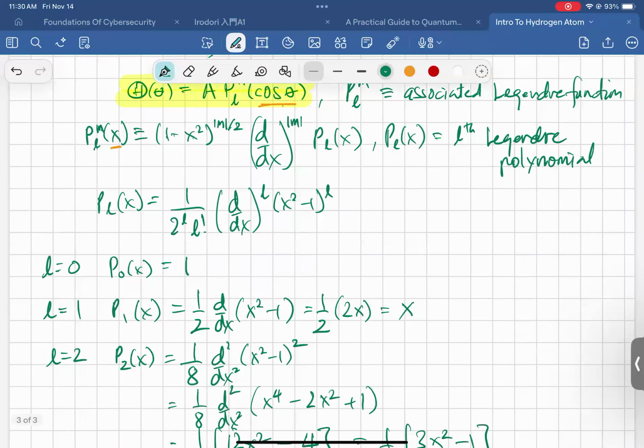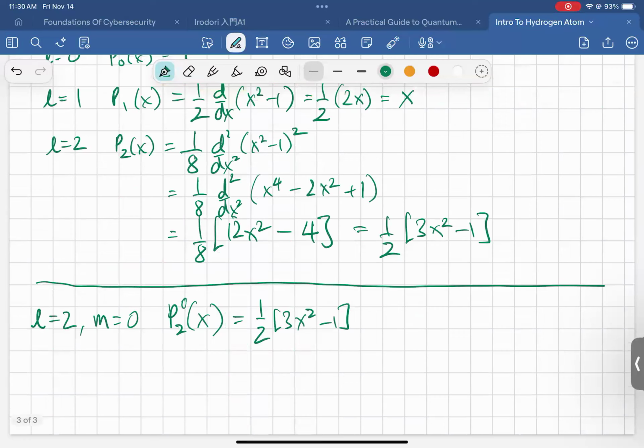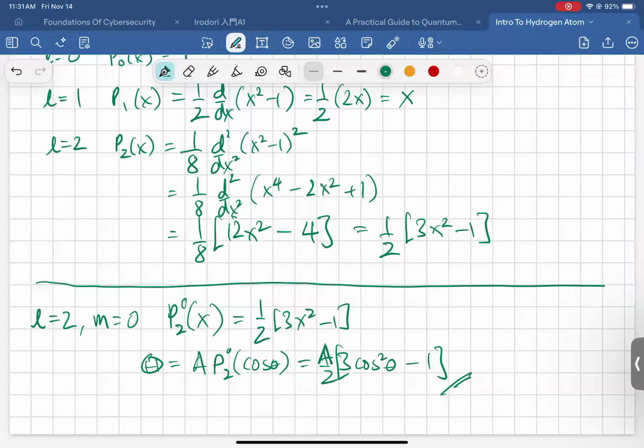So yung solution for this particular state is P20 ng cosine theta. Remember, you're just going to replace x with cosine. So equal to 1/2 (3 cosine squared theta minus 1), times A. So yan yung solution for this particular state.